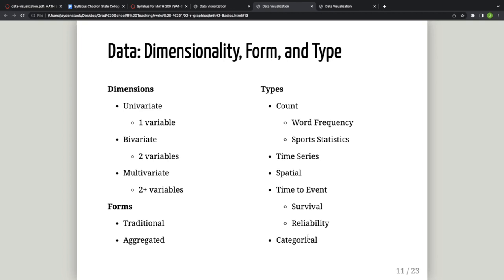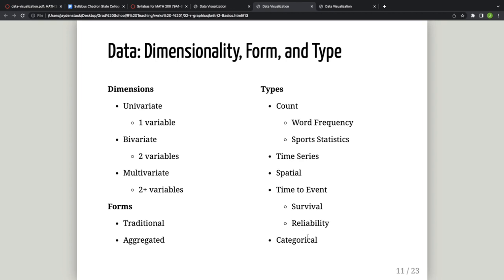Okay, dimensionality, form, and type. Your dimensions: univariate, which is one variable, like I said, bivariate, two variables, multivariate, which is two plus variables. We have different forms, which are traditional and aggregated. Traditional might be your one at a time, where aggregated is where, let's say, we're getting one number for all of the type, or all of the Setosa flower species or something like that.